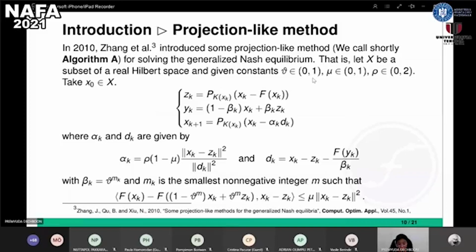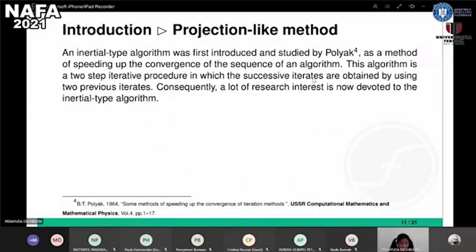From this algorithm, we would like to consider this one with the concept of the inertial type algorithm, which was first introduced by Professor Polyak. We know that this method can help speed up the convergence of the sequence of that algorithm, in case the algorithm provides two steps.